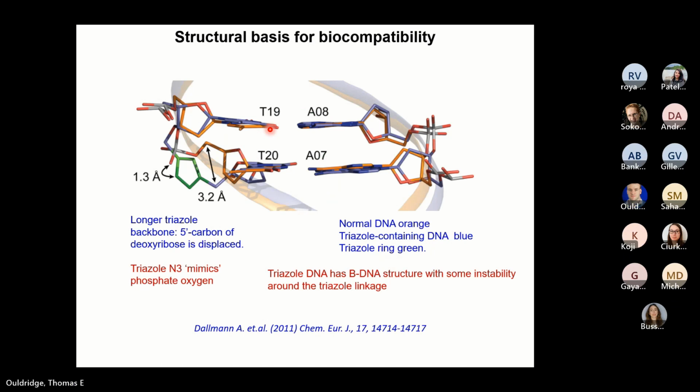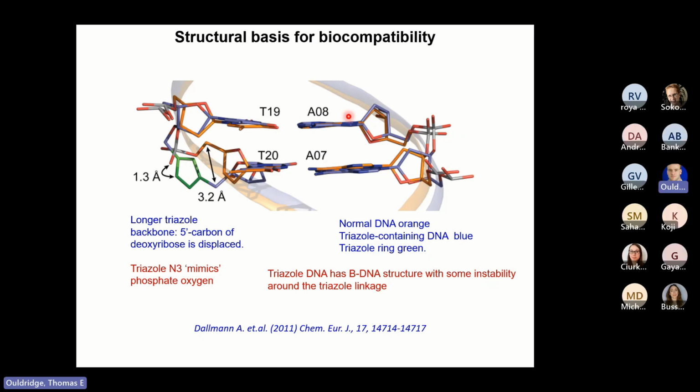And the NMR analysis told us that the duplex has generally the same shape as an unmodified duplex. Looking at NOEs, looking at the protons around the triazole site, we were able to show that there is a displacement of the DNA backbone around the triazole.